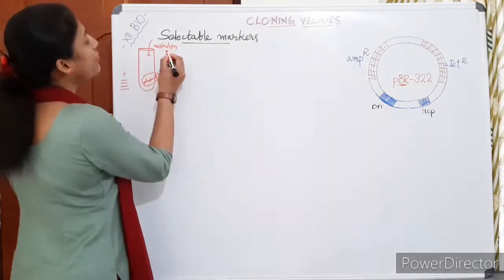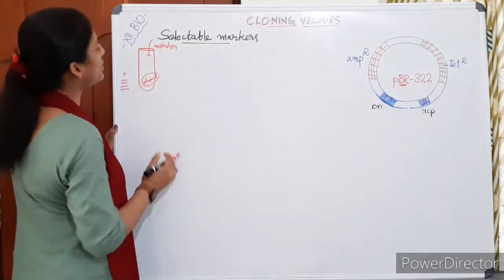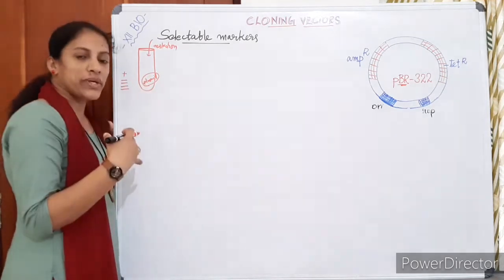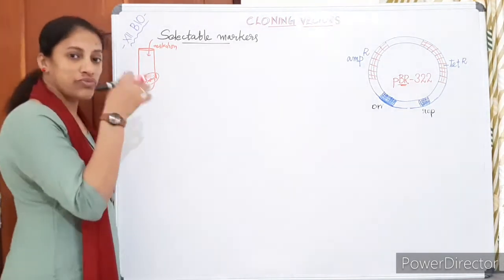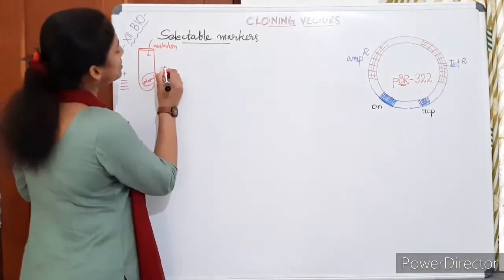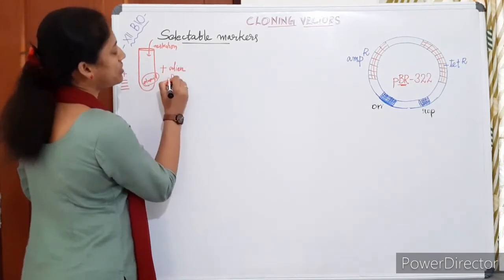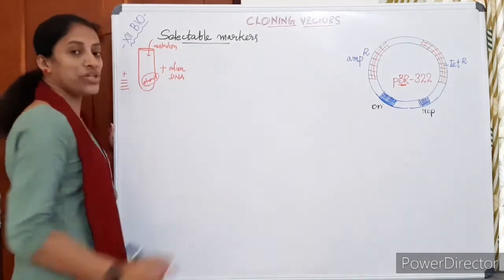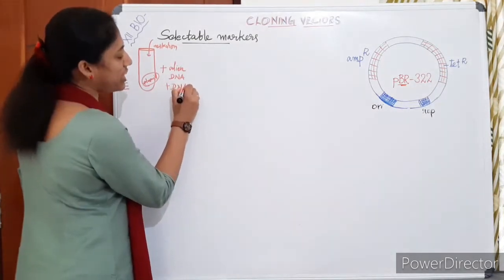Suppose we have added restriction enzymes to the plasmids, a number of plasmids we have taken, and what we expect is that all the plasmids are cut with the restriction enzyme, though sometimes they may not be. In the next step, suppose we have introduced our alien DNA piece and also the DNA ligase enzyme.